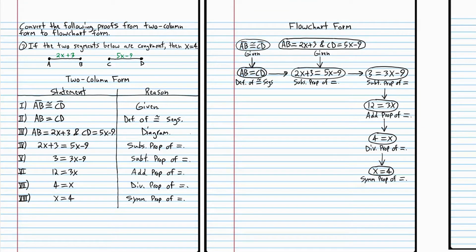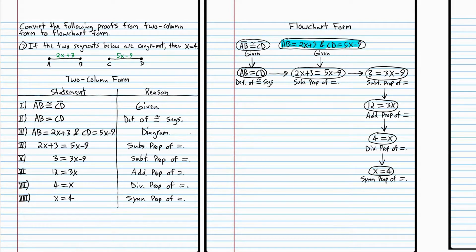Now, if AB is equal to CD, and if this information, and by the way, you see how this information is not following from anything. This information is not following from this bubble, because these two pieces of information, they're related, but this doesn't really follow from this. So you have a separate branch, so to speak, or a separate starting point.